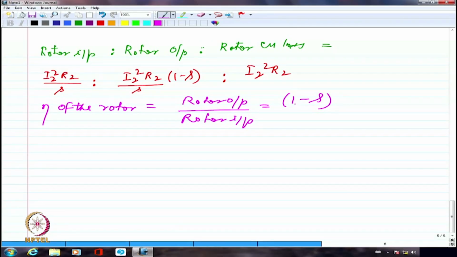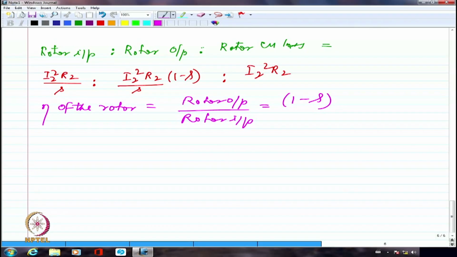So, I am going to have the lower the speed of the induction motor, I am going to have larger and larger slip. If I have larger and larger slip, very clearly 1 minus S is going to be smaller and smaller, right?